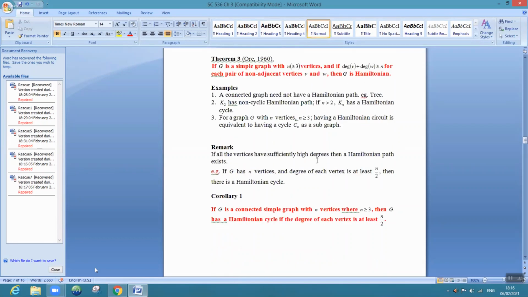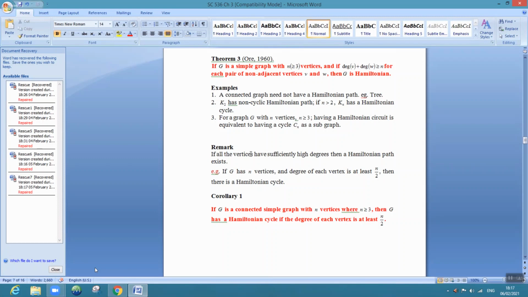Remark: if all the vertices have sufficiently high degrees, then there is a Hamiltonian path, even a Hamiltonian cycle. For example, if G has n vertices and the degree of each vertex is at least n by 2.